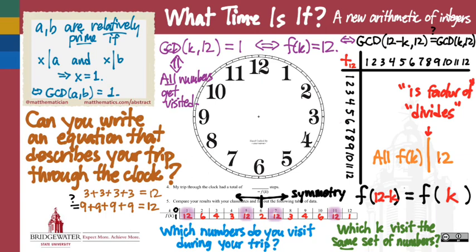Yeah, I'm trying to be coy about it because not everybody has had experience with modular arithmetic, but that's exactly what this is, right? This is an arithmetic system in which it is okay for us to think of 12, which is what I get when I add 3 to itself 4 times, and 36, which is what I get when I add 9 to itself that many times, as somehow being the same thing.